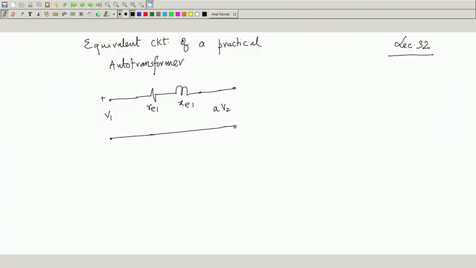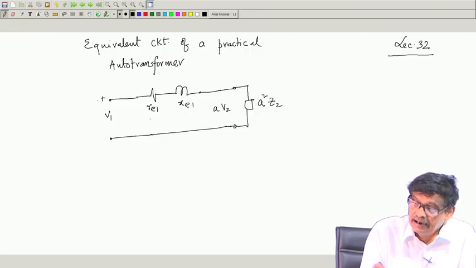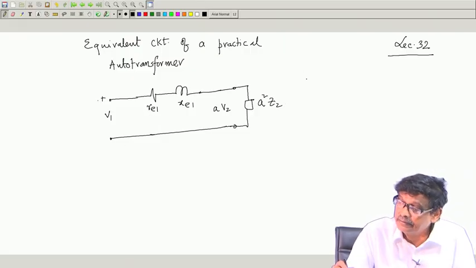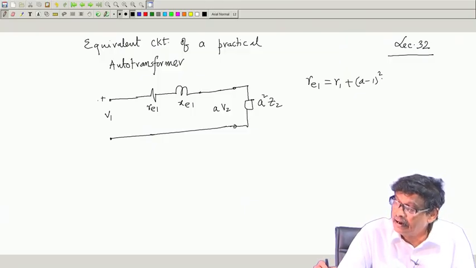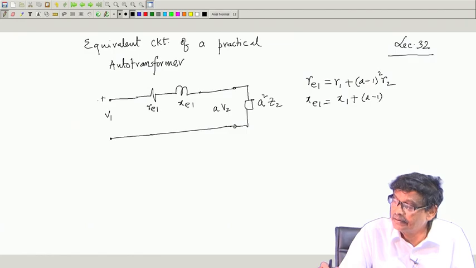And the load impedance whatever was connected will be multiplied by A square, Z2, and this RE1, do not forget, it is R1 plus (A minus 1) whole squared R2, and XE1 is equal to X1 plus (A minus 1) whole square into X2.